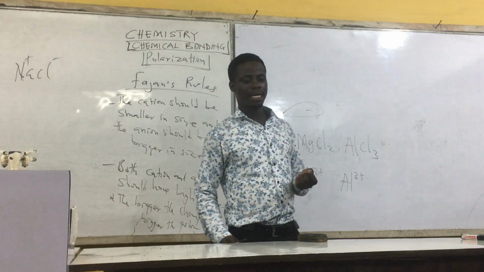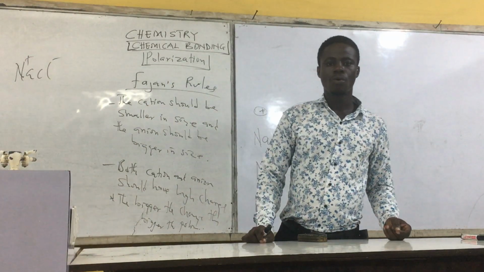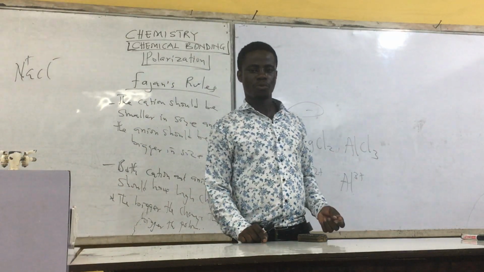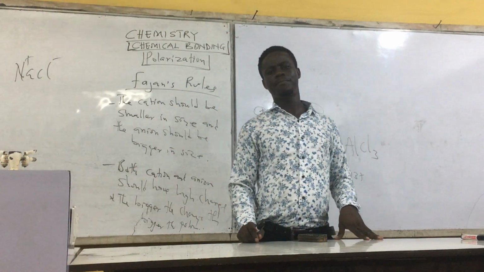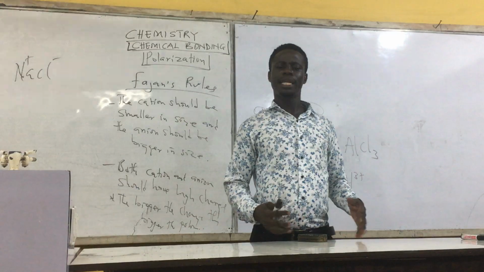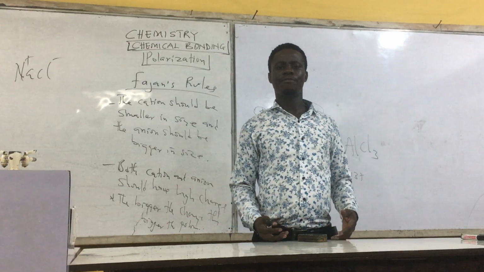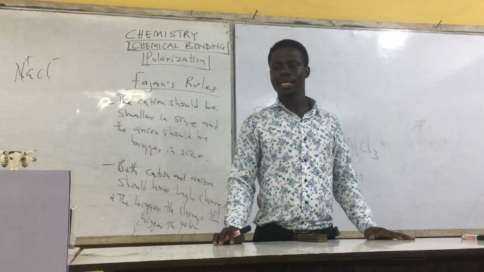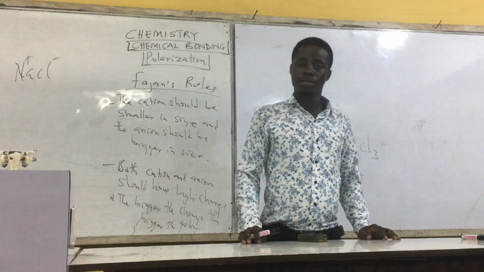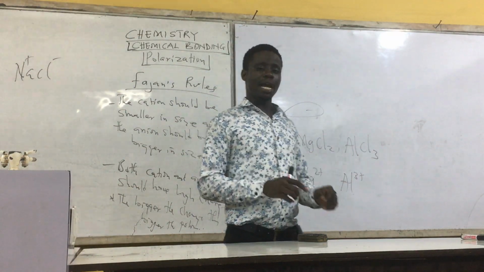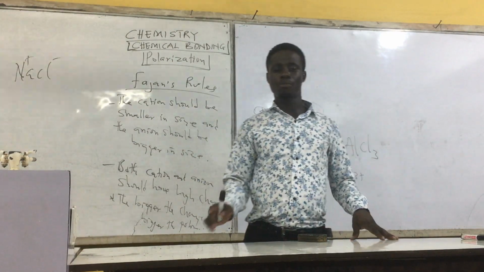And remember, in our previous video, we said something about covalent molecules. If you look at ionic compounds, we said they have high boiling and melting points. They can conduct electricity in their molten state and others. But anything you say about ionic bonds is the opposite of covalent bonds.